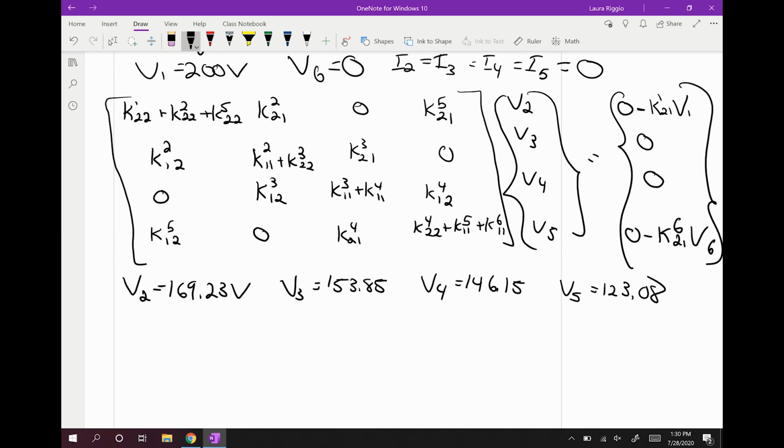So to find the unknown currents, we're going to go back and solve using our equation 1 and our equation 6 that we had previously ignored.